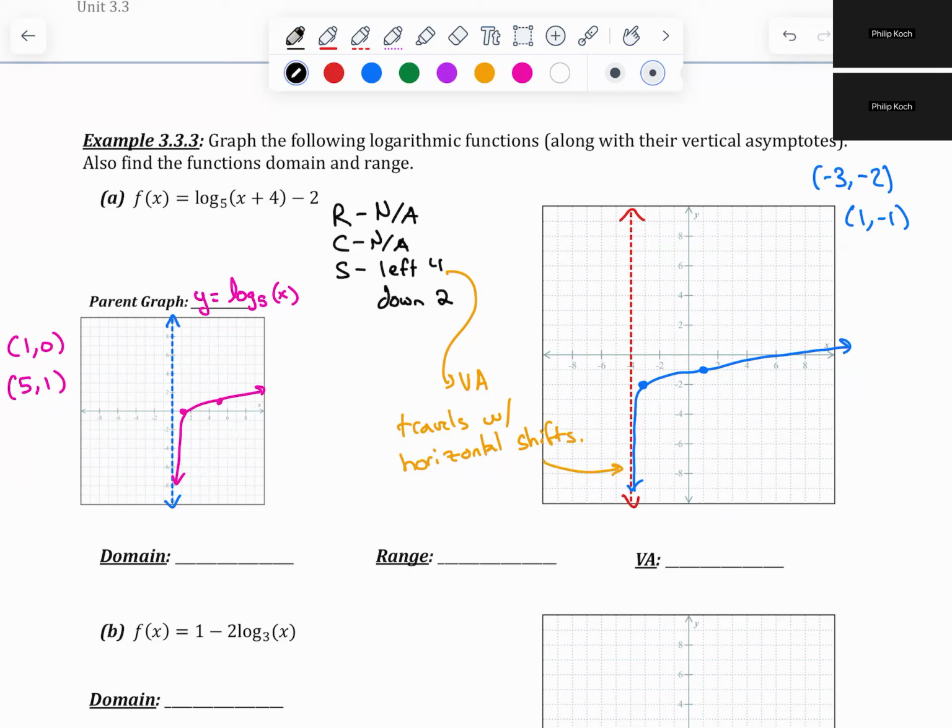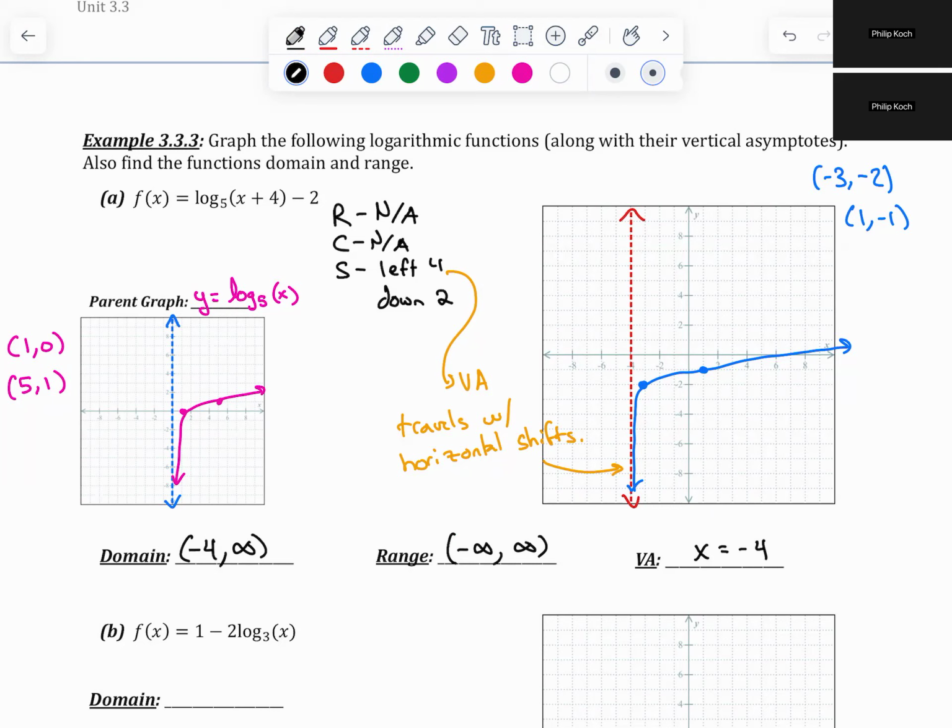So the domain here, by looking at the graph, is parenthesis -4 to positive infinity. Its range is negative infinity to positive infinity, and its vertical asymptote is at x equals -4. So that's one way to do it.